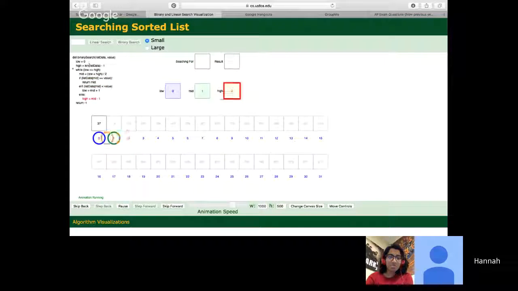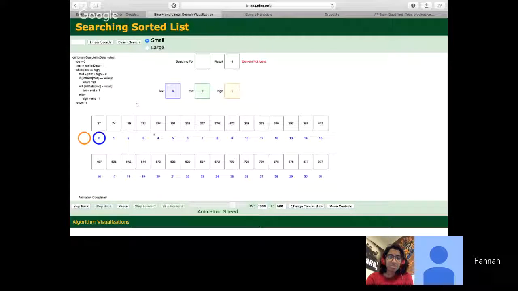And so this is going through the code for a binary search right here. Can we do it maybe a little bit slower? And in the upper left-hand corner, you can put in the number that you want to search for. Okay, so let's say that we are searching for the number 74. Binary search.